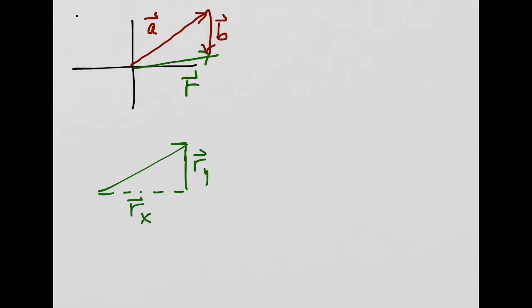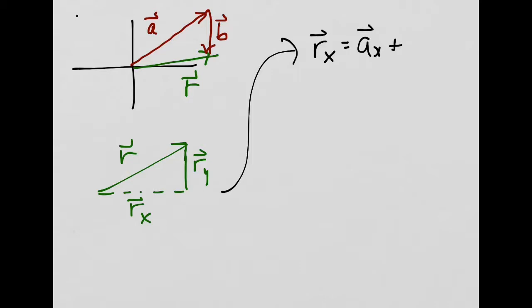This is where the reason we broke those originals up into components comes into play. Basically, Rx is a sum of the x components of the original vectors, and Ry is the sum of the y components of the original vectors.